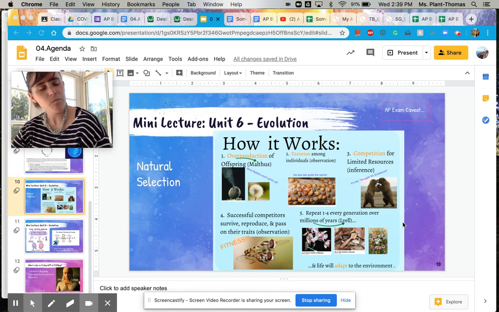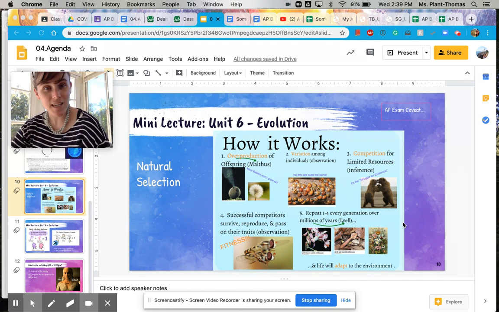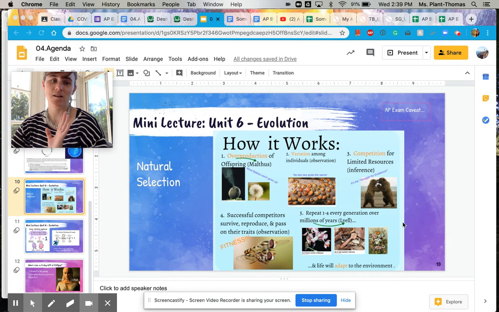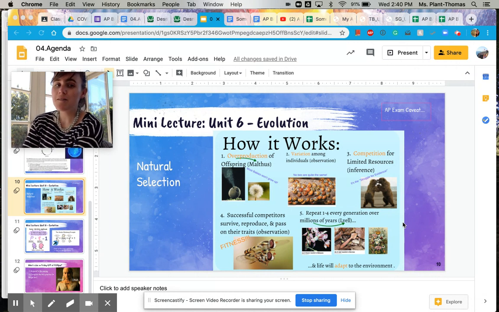Meaning I don't think it will be explicitly tested because they have said it won't be, but I do think there's a good chance that having some knowledge of natural selection is going to benefit you on this exam. And I can guarantee you that it will benefit you in college if you decide to take biology again, which I hope many of you will. So that's just my little AP exam caveat about this topic.